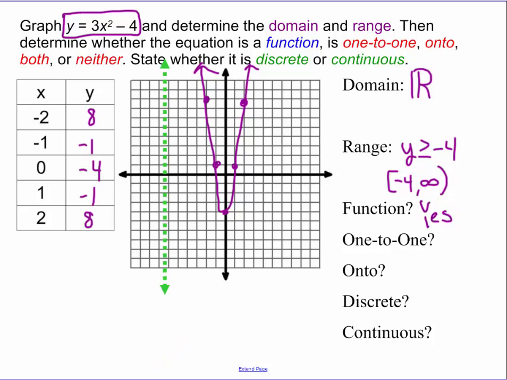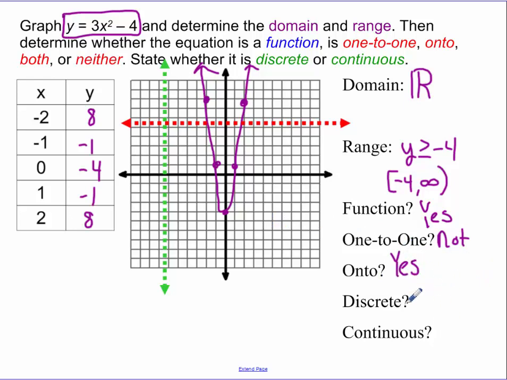Is it 1 to 1? So when I have my horizontal line, for most all of the points, we hit 2 points, except for the vertex down there. So this is not 1 to 1. Is it onto? Every y is paired with an x, so yes.